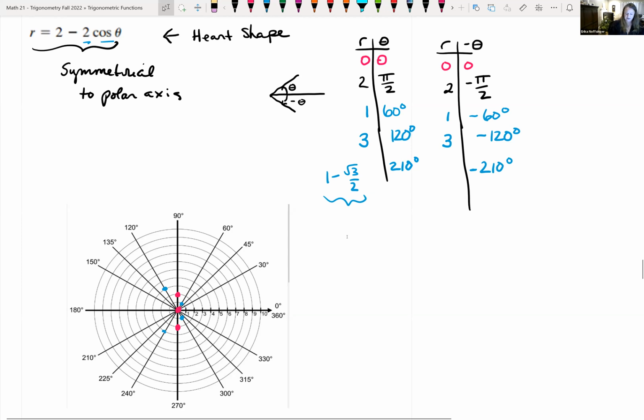So 1 minus about 0.8, but that 0.8 is times a negative 2. So that's going to be positive, about 1.6 plus 2 is 3.6. I'm estimating, so let me just plug it in the calculator.